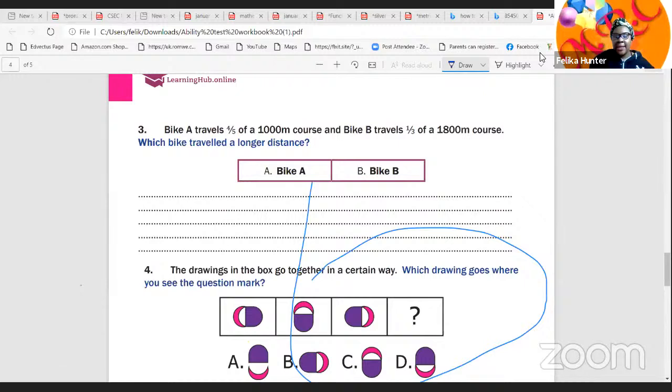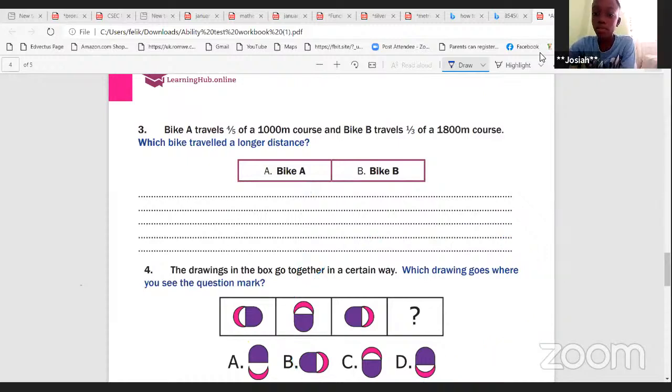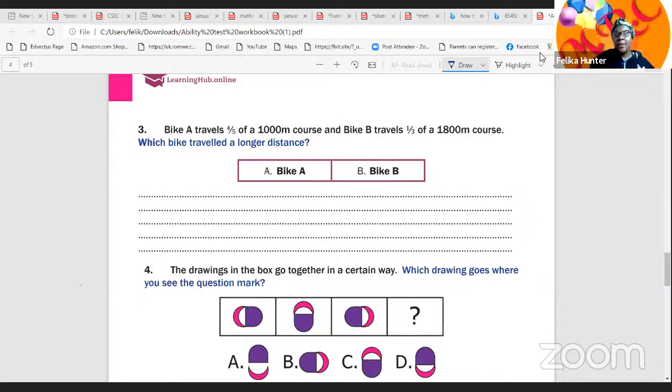Okay, so don't let Miss Hunter be mean to you today and take you right out of this meeting. Look at her face. She don't play now. Okay, thank you. All right, so the only person I have permission to be writing on my screen now is Josiah. Hold up, Josiah. Stop for me, Josiah. All the persons that put that mark just now, go ahead and remove that mark.